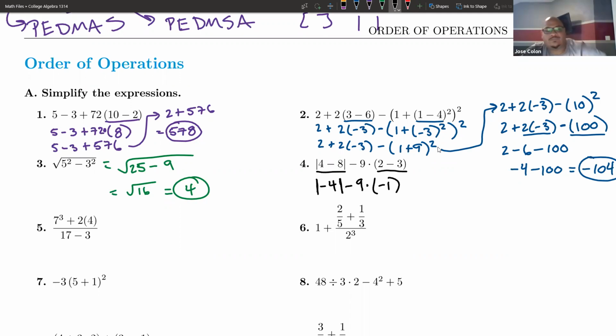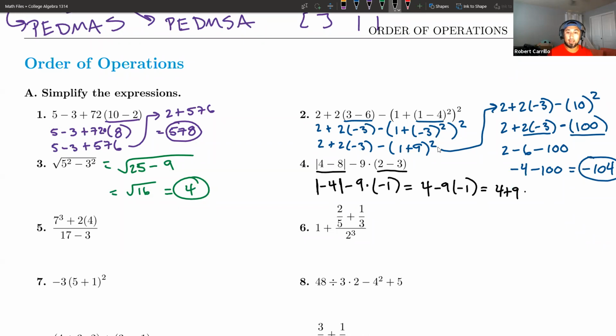So the absolute value of negative 4 will become positive 4 minus 9 times that negative 1. And then we have that multiplication as well. Negative 9 times negative 1 becomes positive 9, and you get 4 plus 9, and that will give me 13.